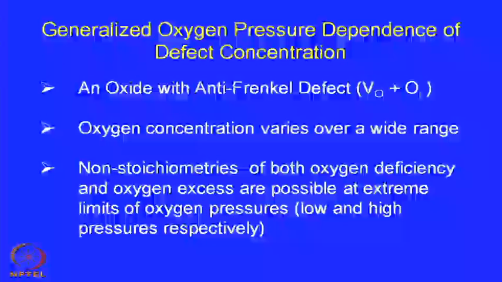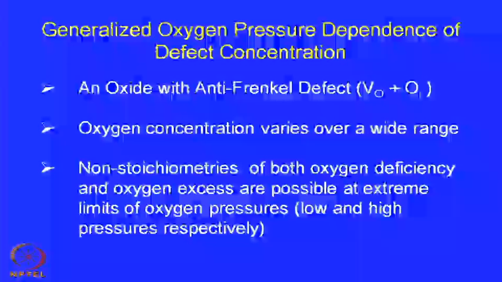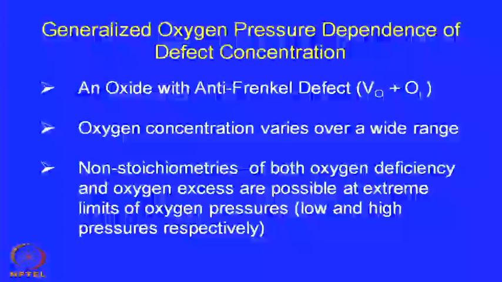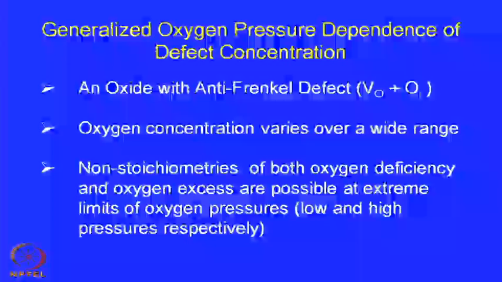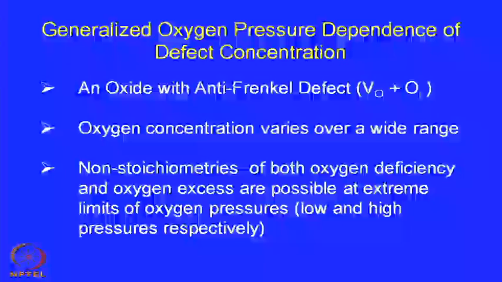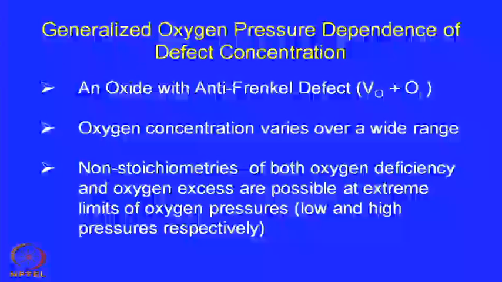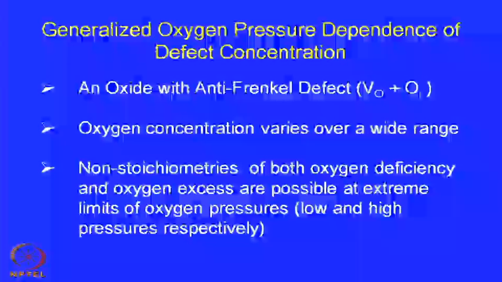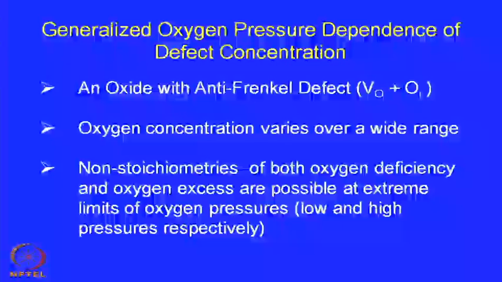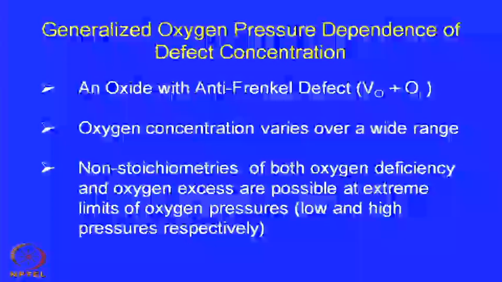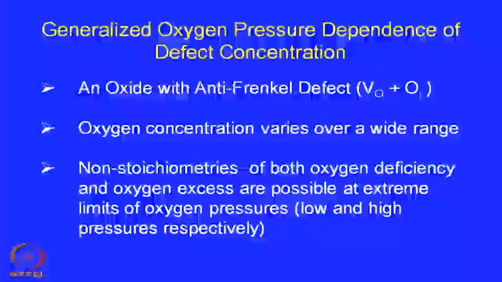Here also we have considered two different defects, oxygen vacancy and oxygen interstitials, but we are saying that they are predominant in two different partial pressure ranges, same material, but at two different partial pressure ranges. One is predominant at very high partial pressures, which is possibly the oxygen interstitials, because you are trying to equilibrate the system with a very high concentration of oxygen. So, more oxygen can go into the system, whereas if you take a very low oxygen concentration, then oxygen will come out from this oxide.